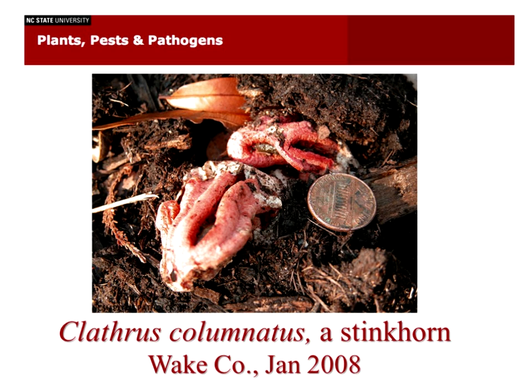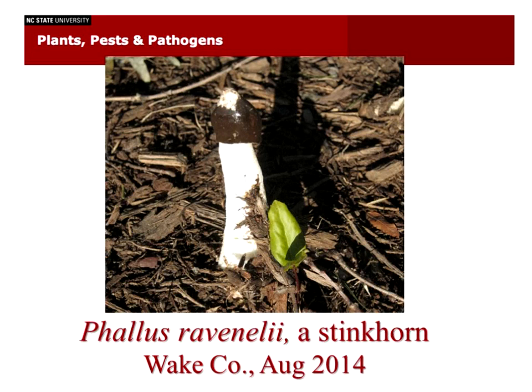There are other different species of stinkhorns that we will occasionally see. Here's a picture I took this morning in a mulch bed around a tree along Dan Allen Drive here on campus. This one is Phallus ravenellii, a different kind of stinkhorn. And you can see at the very top this area called the gleba, which is where the spores are produced.